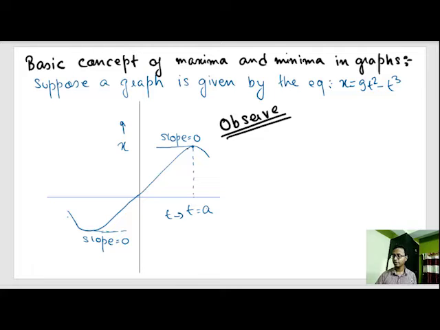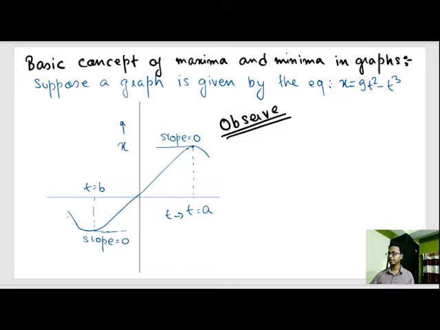So whenever the slope becomes 0, the graph is either at its maximum value or at its minimum value. See, the main concept you have to observe out here is, whenever the slope becomes 0 in a graph, the value at that point is either its maximum value, as out here, or its minimum value.